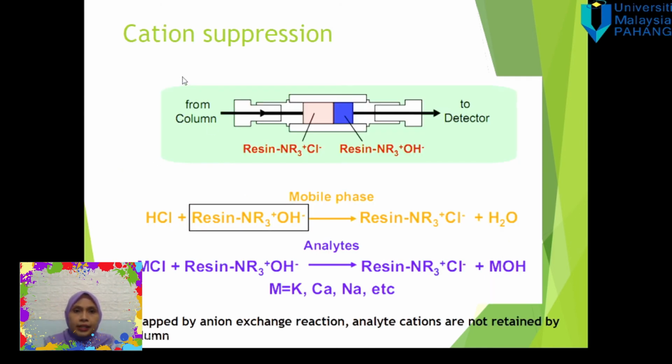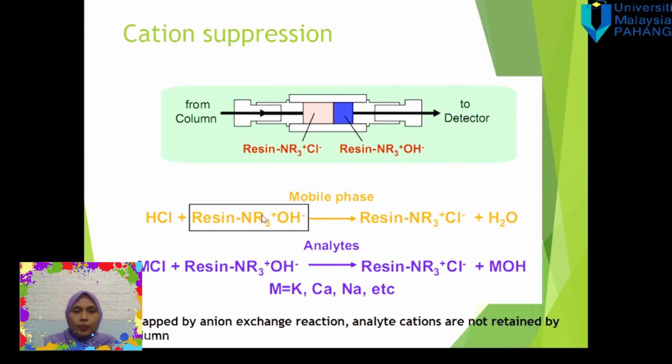So we can see the cation suppressor. What is the function of the cation suppressor? And this is a cation suppressor. Our resin here has a positive charge.